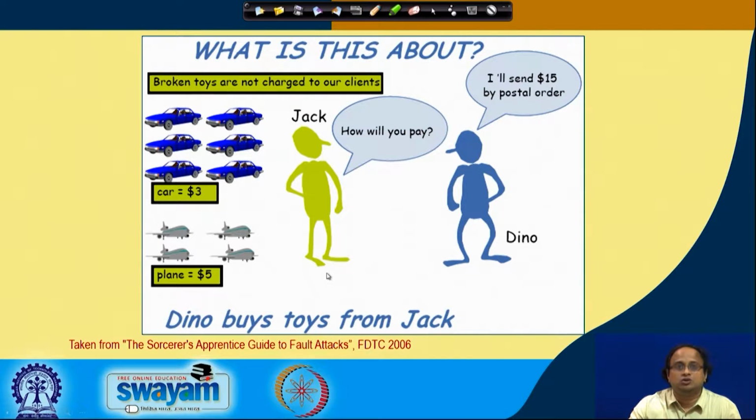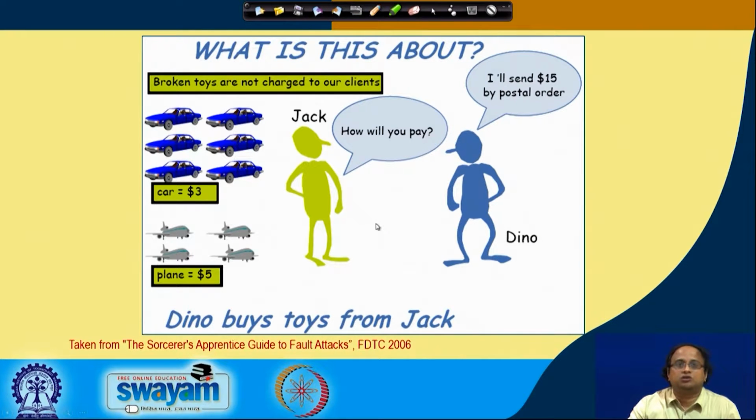Dealer Jack is a supplier of cars and planes and wants to sell them to a customer called, say, Dino. These are toy cars and toy planes. Each car costs around $3, and suppose each plane costs around $5.